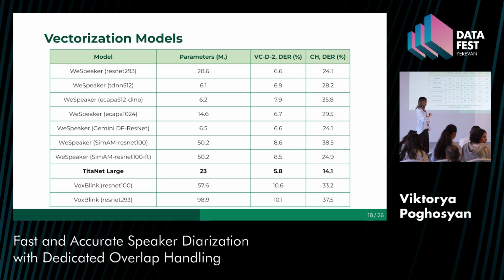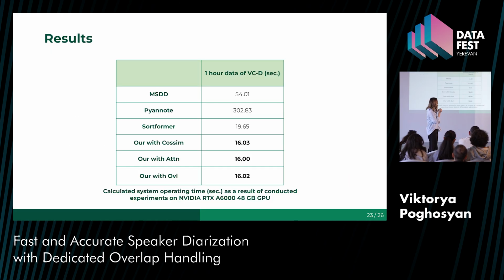It's a small model, because the segmentation model is small, and the vectorization model is also small, and our trained transformer encoder model is also not such a big model.